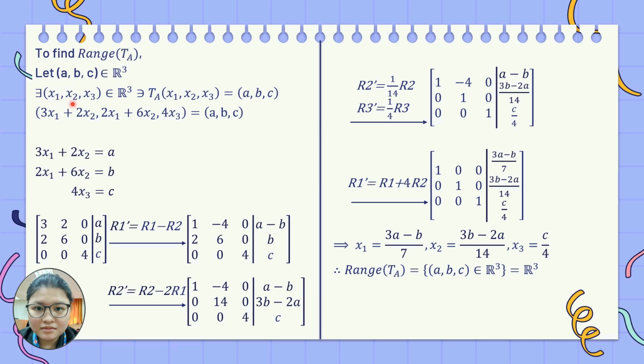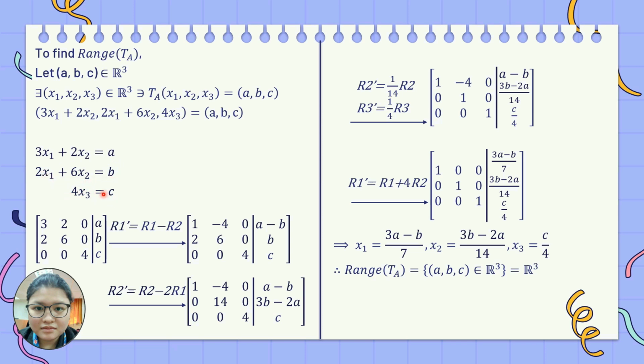There exist x1, x2, x3 such that the linear transformation TA equals a, b, c, which is 3x1 plus 2x2, 2x1 plus 6x2, 4x3 equals a, b, c. And we can get three equations: 3x1 plus 2x2 equals a, 2x1 plus 6x2 equals b, 4x3 equals c.